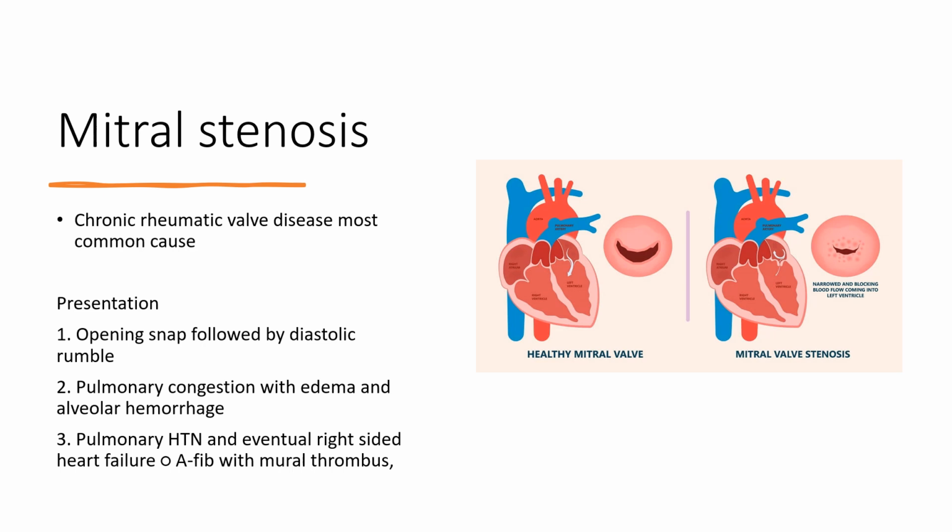Because the blood is not moving from the pulmonary circuit, it gets filtered out into the alveolar space, causing hemosiderin-laden macrophages, which are also called heart failure cells.